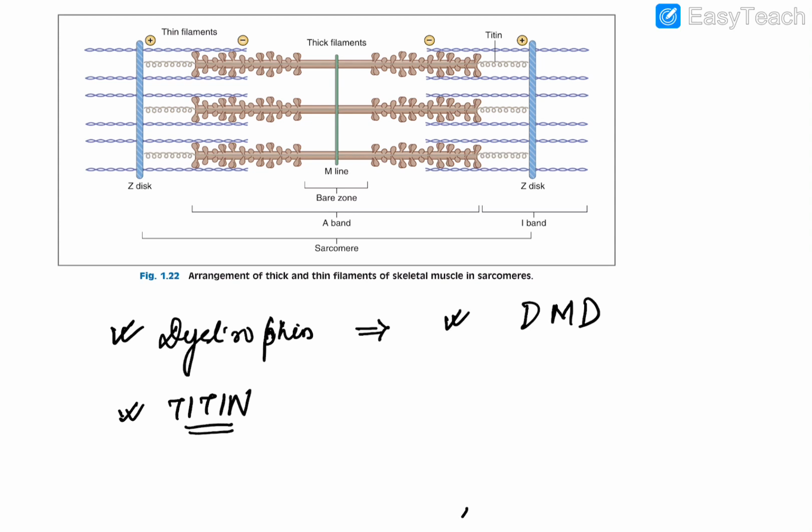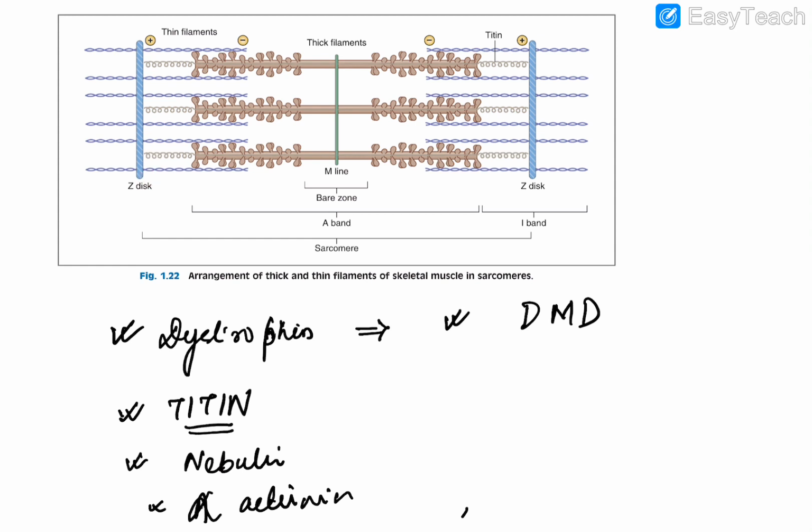There is one more protein known as nebulin and another known as alpha actinin. This nebulin protein runs along the whole length of the thin filaments and gives its structural integrity, and alpha actinin anchors the thin filaments to the Z disc.